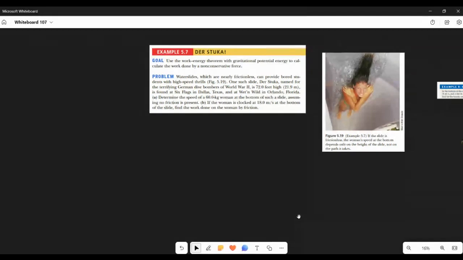They say water slides, which are nearly frictionless, can provide bored students with a high-speed thrill. One such slide, the Stuka, named for the terrifying German dive bombers of World War II, is around 21.9 meters high, and is found in Six Flags in Dallas, Texas, and Wet 'n Wild in Orlando.